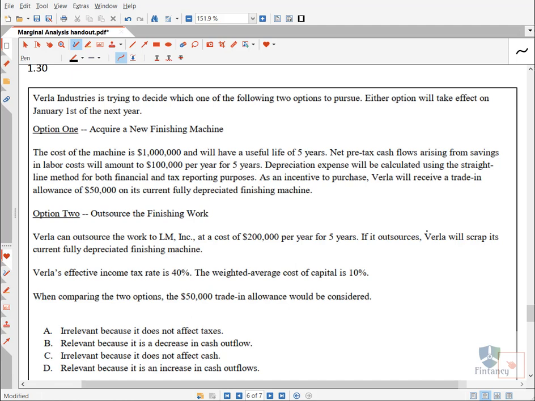When comparing the two options, the $50,000 trade-in allowance would be considered. Okay. Can you tell me, Sherry, what is a trade-in allowance? Okay, I will tell you. Trade-in allowance means, for example, you have an old car, and you want to change your car. You have, for example, an Audi A4.